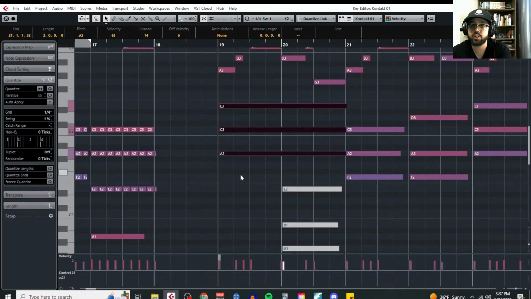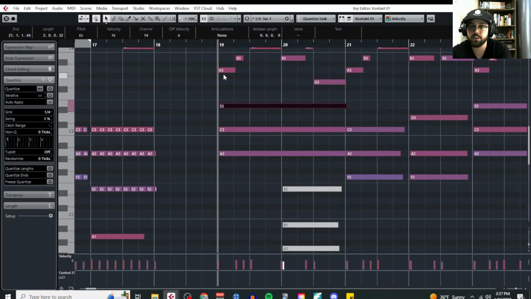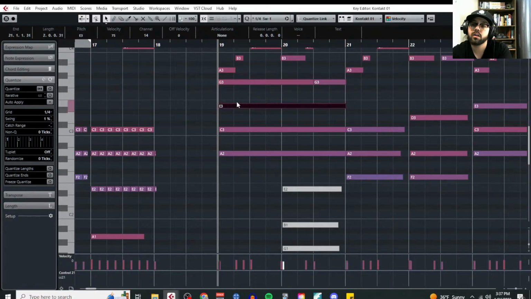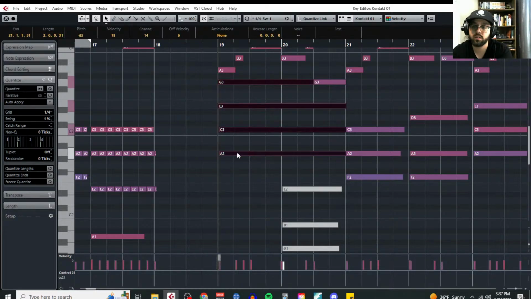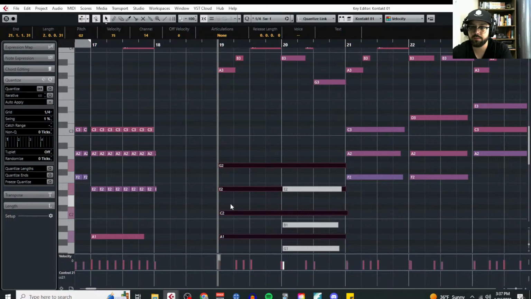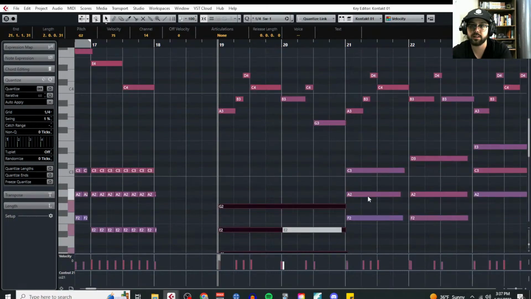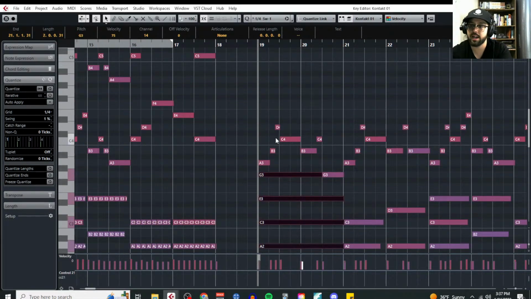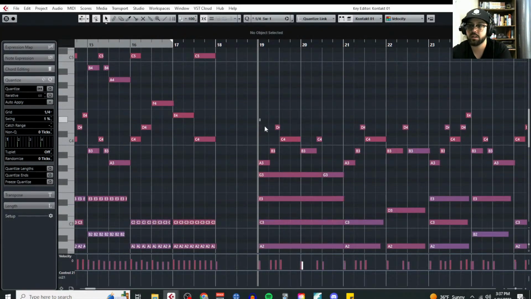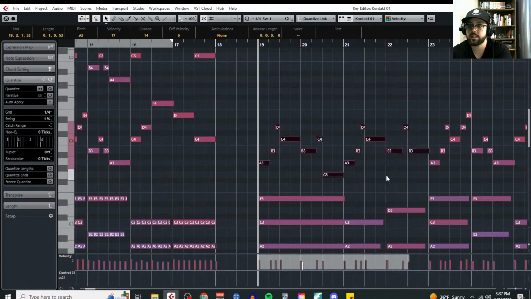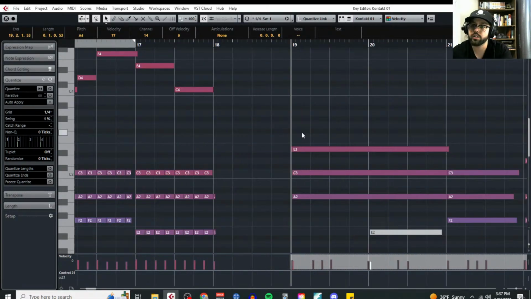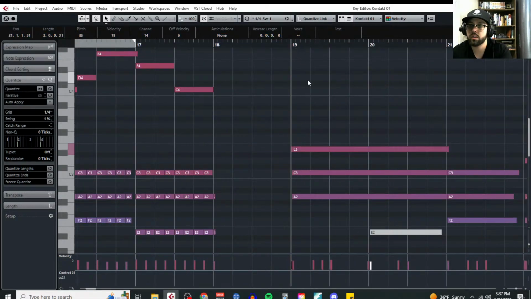Something else we can do is turn this into a 7th chord. This is going to be a little tricky. So instead of dropping the chord, let's raise the melody, shall we? We're going to raise it an octave to make it a little bit brighter. We are going to make this a 7th chord again.